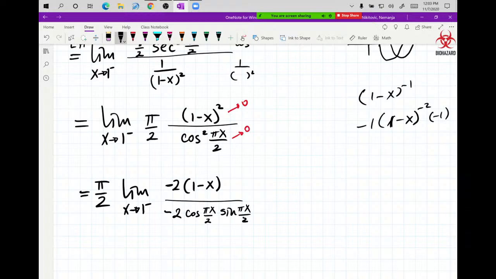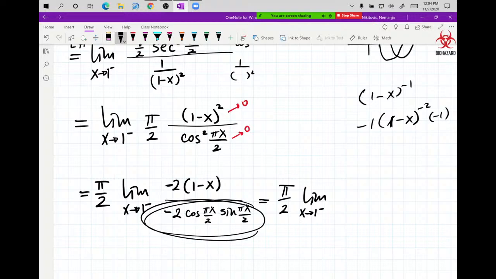Now, does this work? And the answer is yes, because now we can use the identity to combine this into a double angle. So it becomes, and I'll cancel the negatives. And then this top 2 can cancel the 2 on the outside.